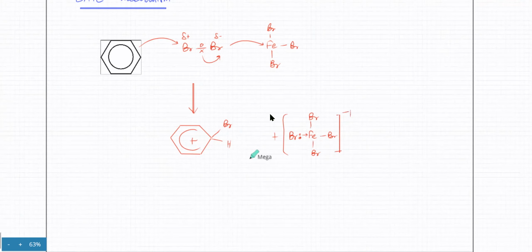अब फिर अगला step, the H would give away its electron so that the pi electron cloud becomes complete again. So the final thing is that your benzene molecule and the benzene pi electron cloud would be reformed, but instead of one H, there would be bromine over there.